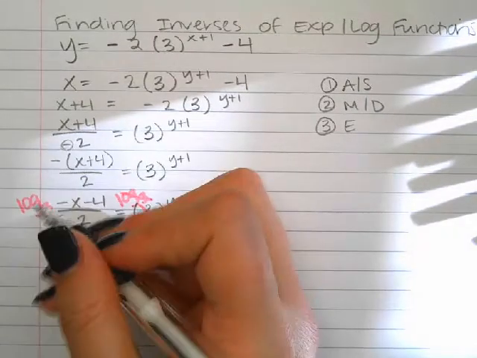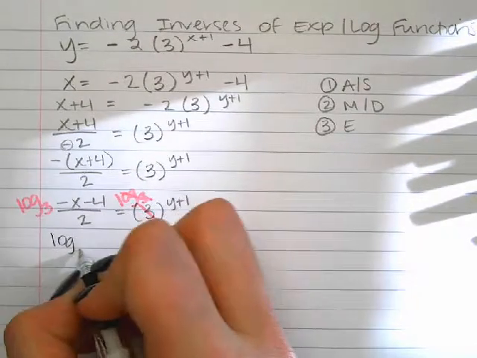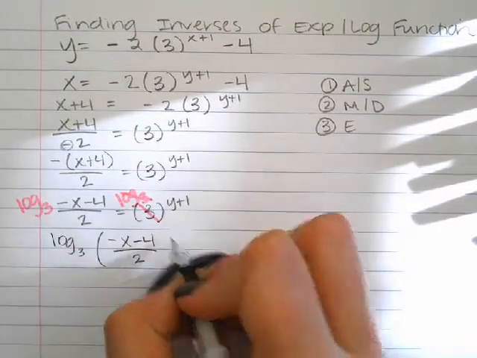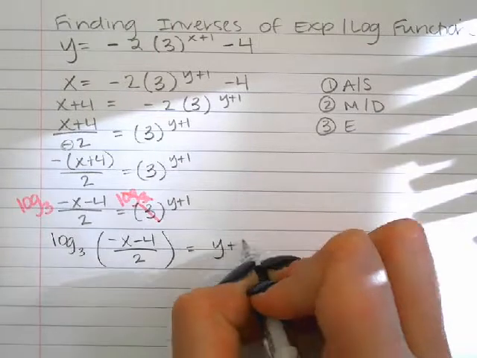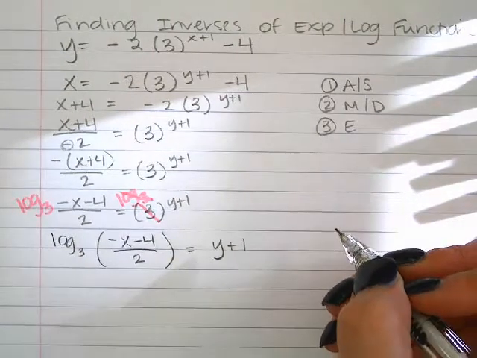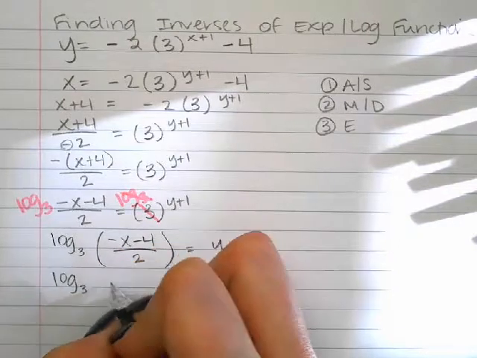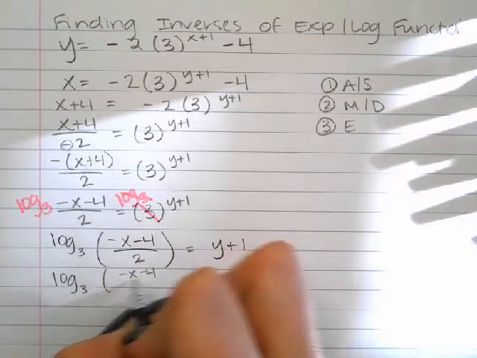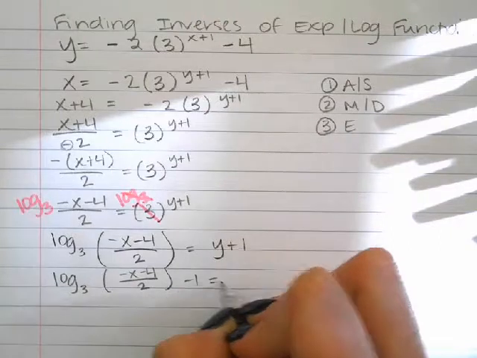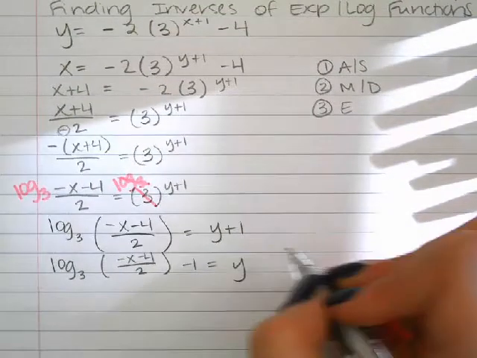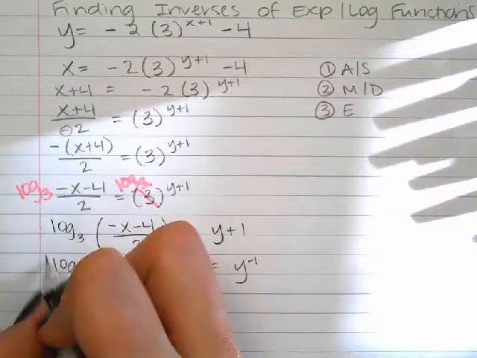On the left side, I have log base 3 of negative x minus 4 over 2 equals y plus 1. Now all I have to do is subtract the 1 to the other side. And since my answer is an inverse function, I'm going to use that inverse notation.